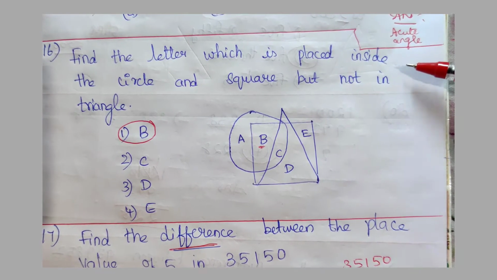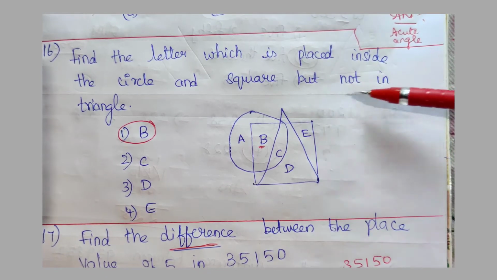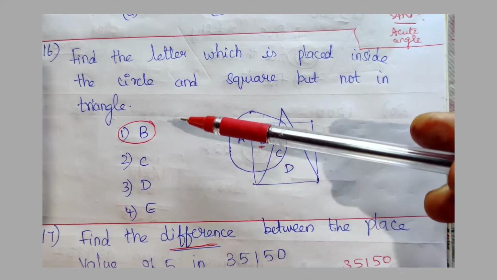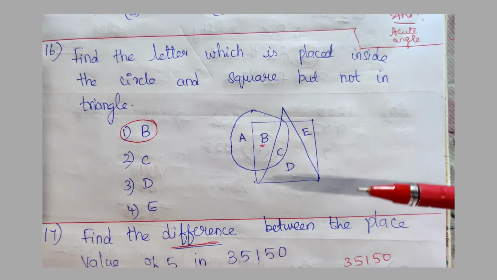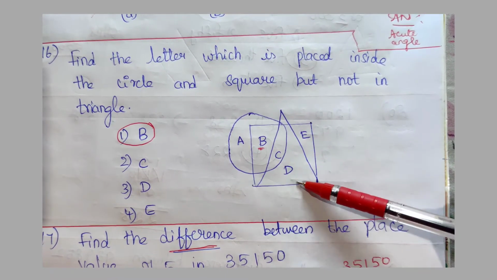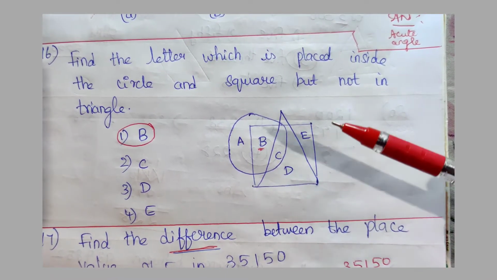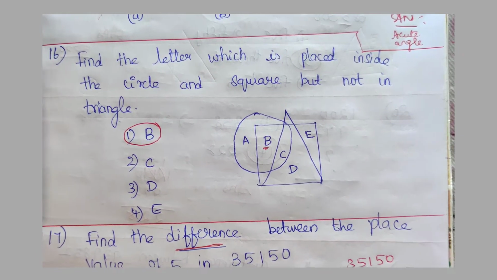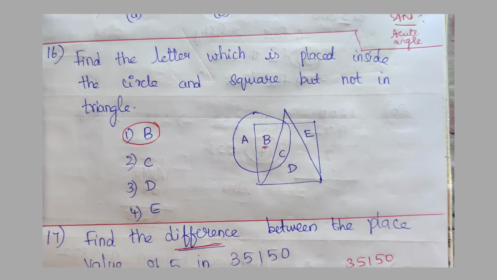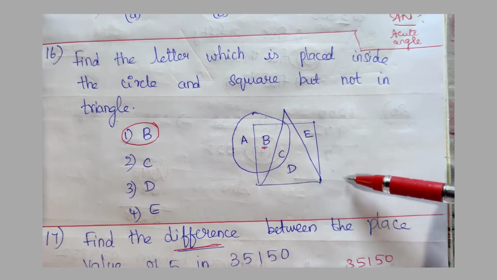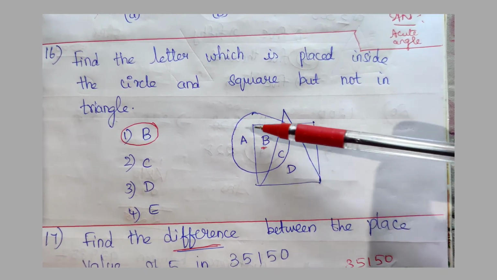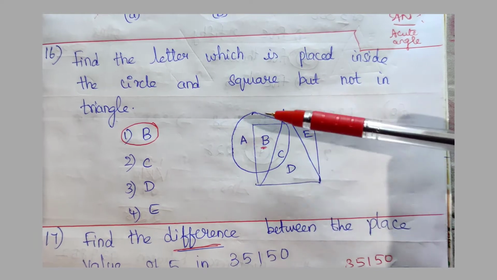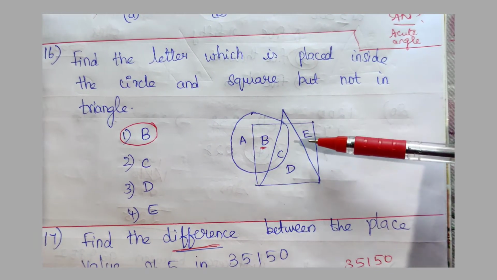Find the letter which is placed inside the circle and square but not in the triangle. Here they have given circle, square and triangle. So there is some letter which is placed in the circle as well as in the square, but it is not placed in the triangle. Clearly we can see A is placed only in the circle but not in the square.